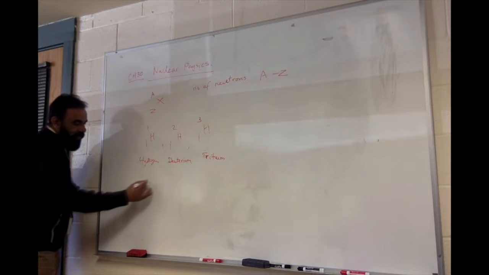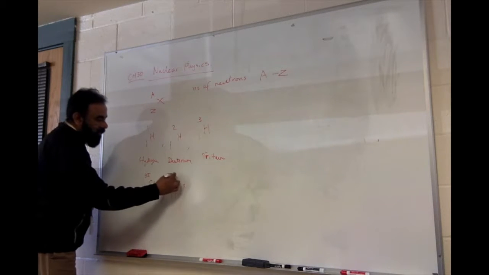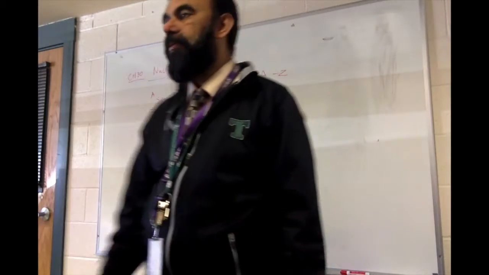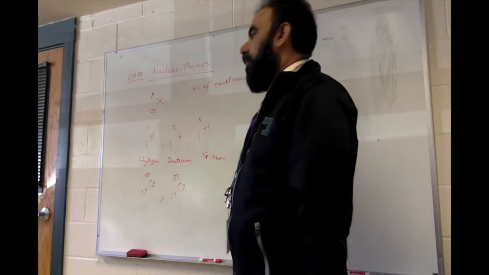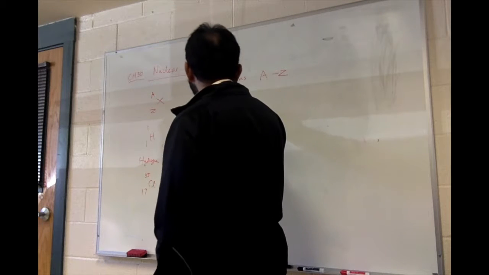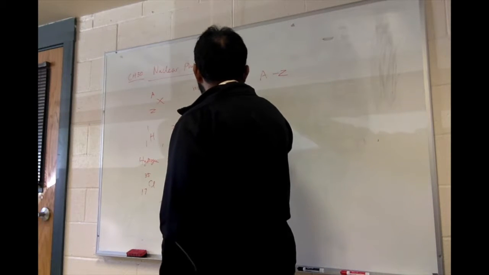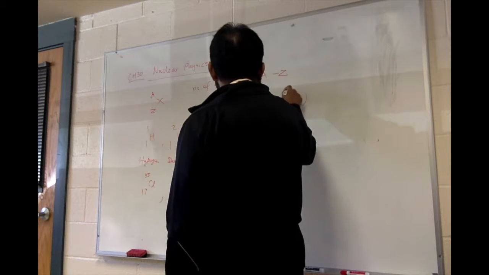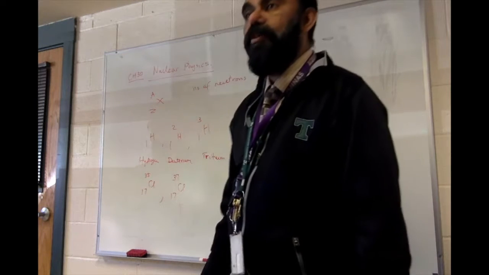Chlorine: 17Cl35 and 17Cl37 are the most common isotopes of chlorine. Uranium: 92 uranium 235 and 92 uranium 238 are very common isotopes of uranium.